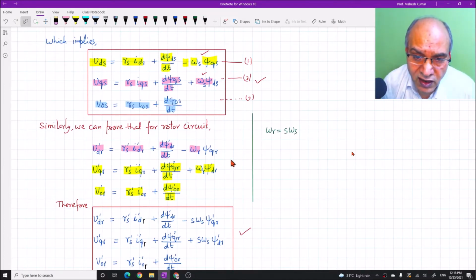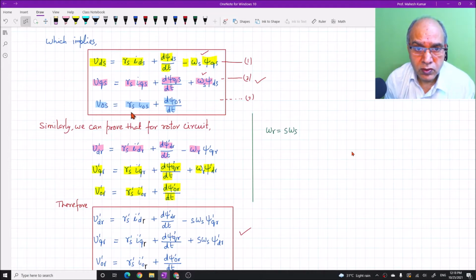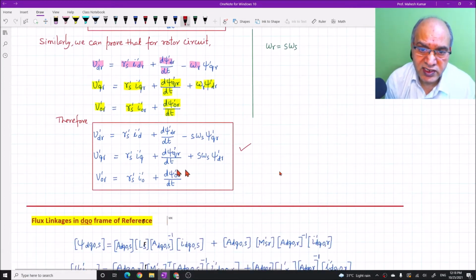The remaining terms are the flux linkages. So we have transformed voltages to dq0 through the parameters of the machine and the speed of the machine, omega s and omega r.